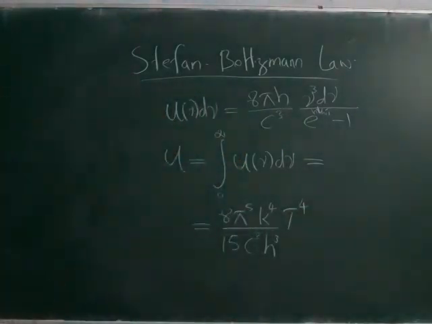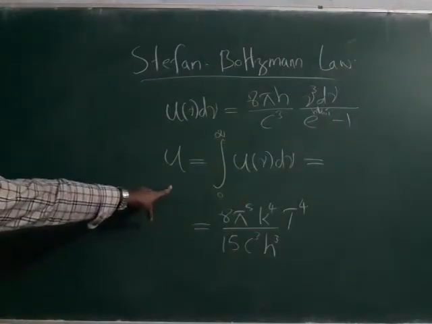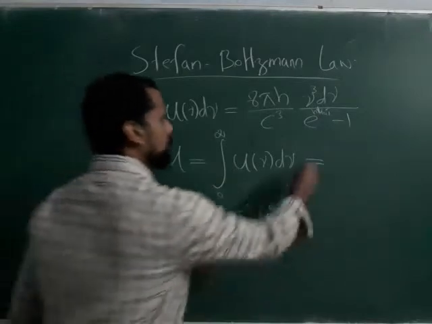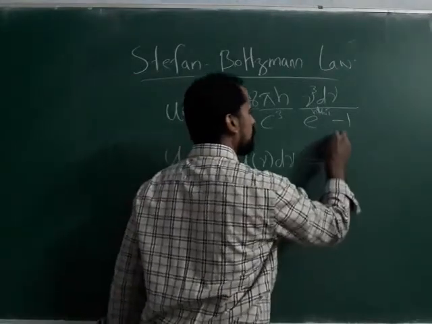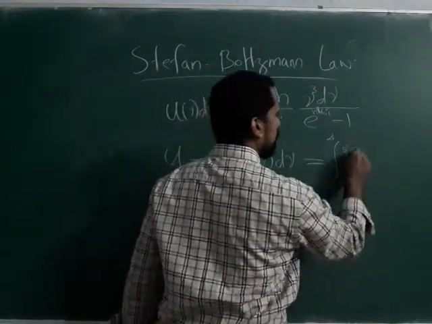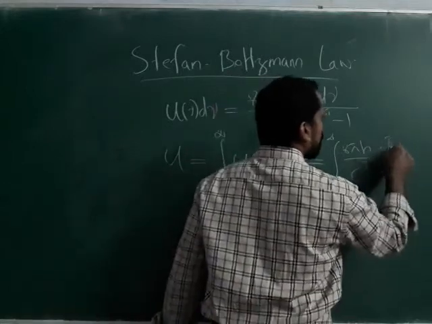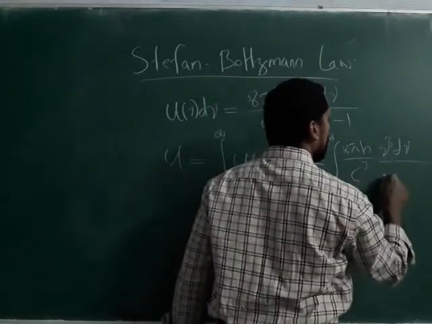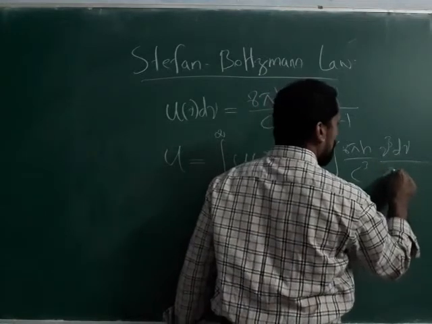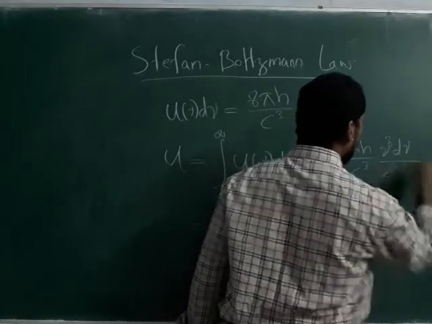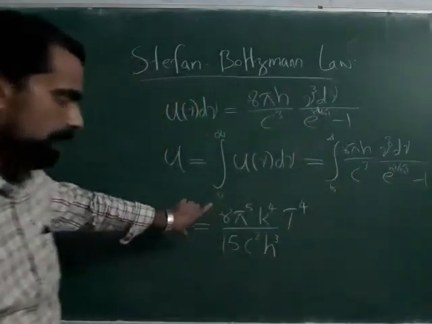So this is the result that you will get after doing this integration. So this is actually the integral from 0 to infinity of 8 pi h by c cube, nu cube d nu divided by e raised to h nu by kBT minus 1. So you integrate this and you will get this one.